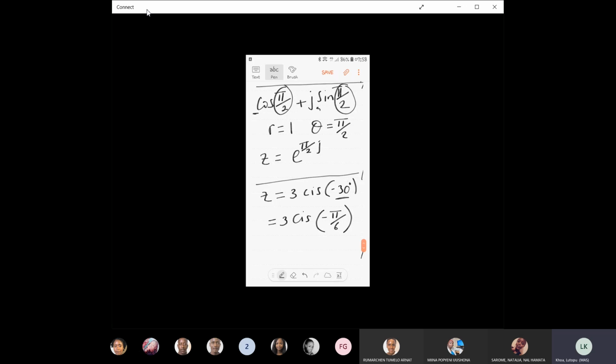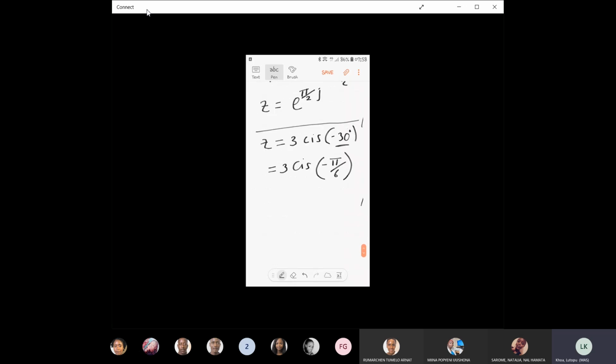Okay, then in exponential form, z will just be equal to 3 e to the power of minus pi over 6, and then I multiply this by j.